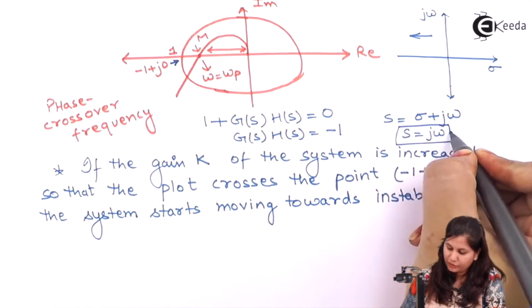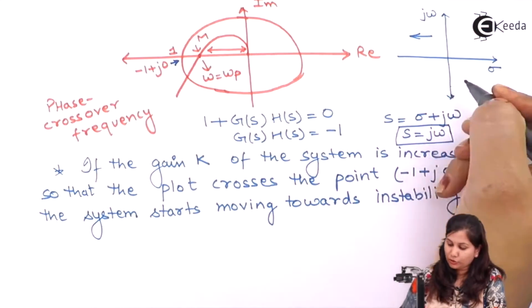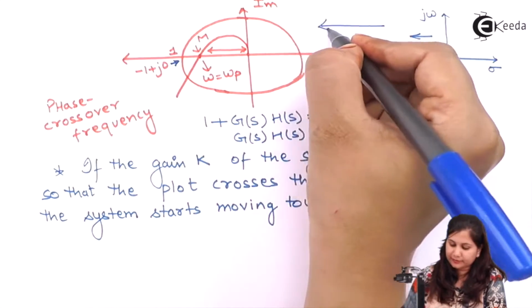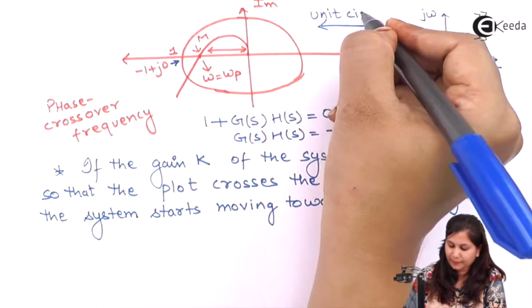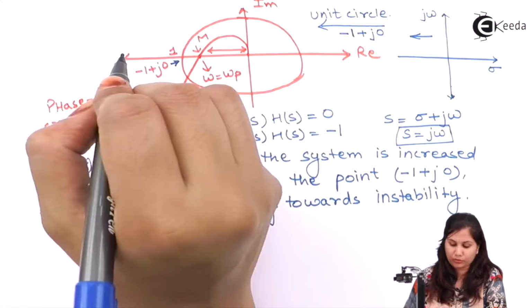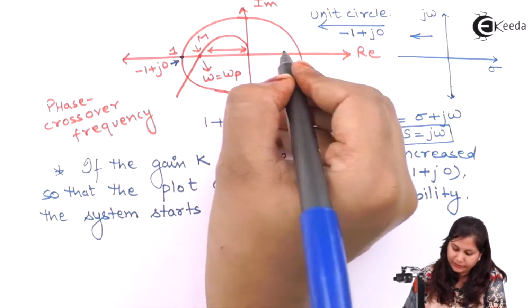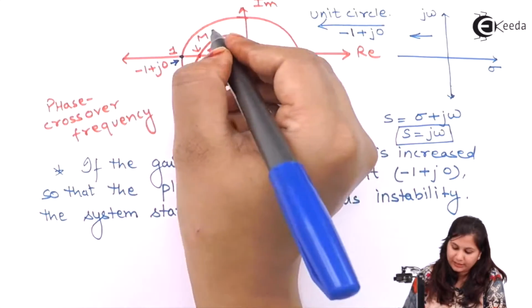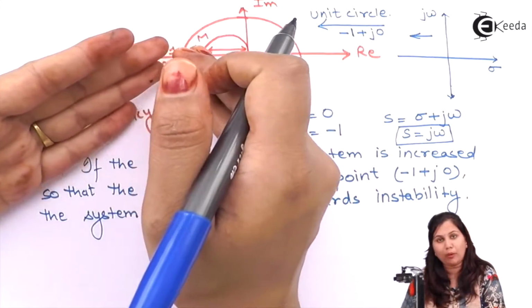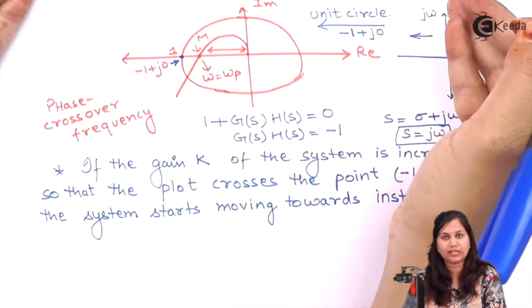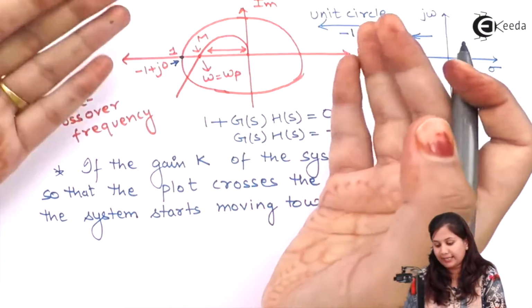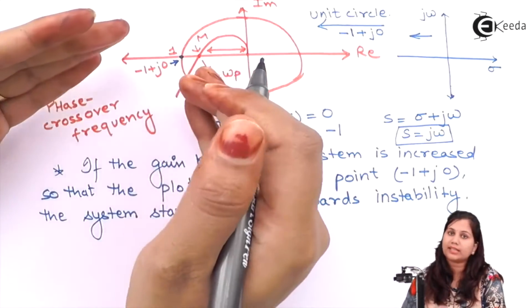J omega is the imaginary axis, and when we convert it, it becomes a unit circle, with the point -1 plus j0 on the real axis. If the roots are lying outside this unit circle, then the system is unstable, and if they are lying inside this unit circle, then the system is stable.